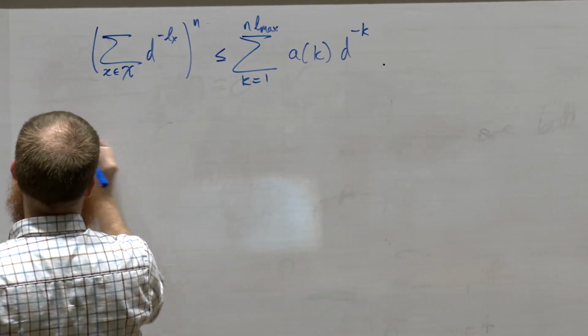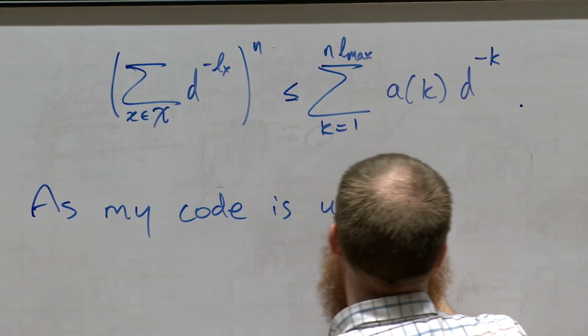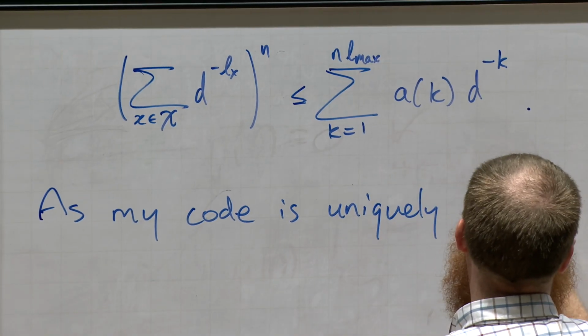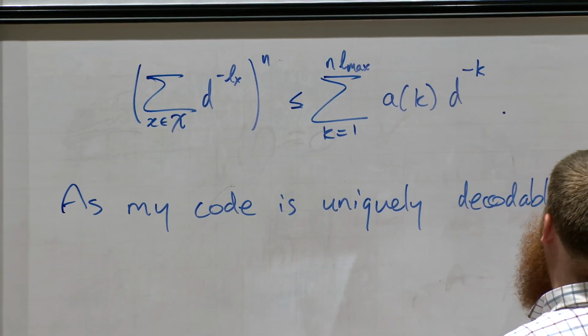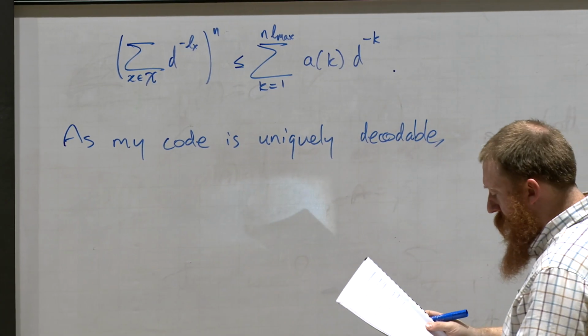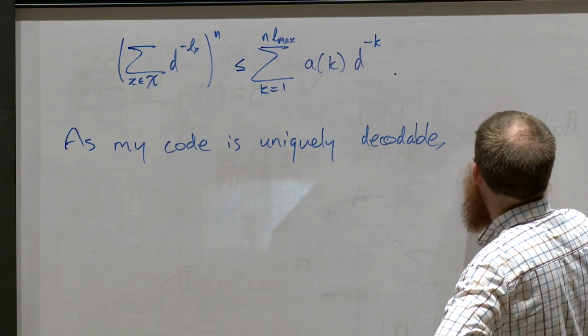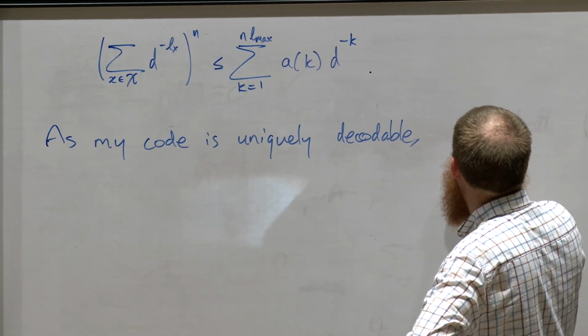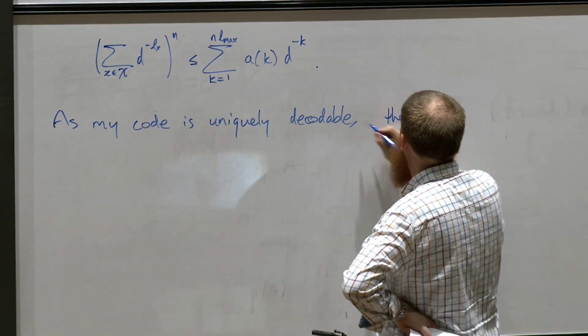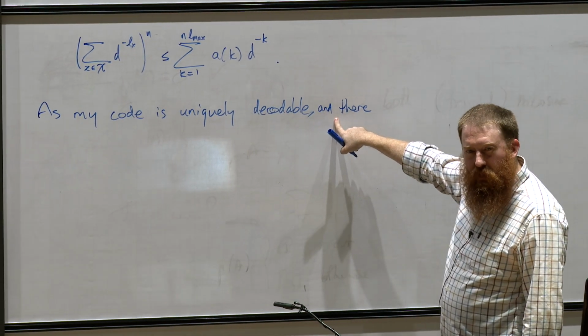As my code is uniquely decodable, what do I know about A_k? Well, I can count how many strings there are of length k.